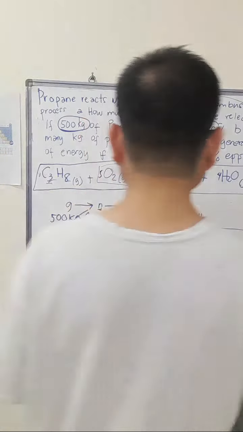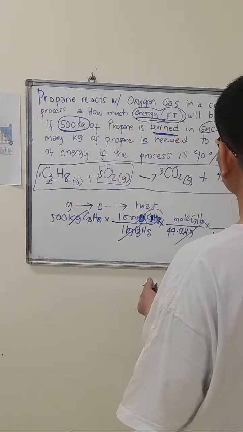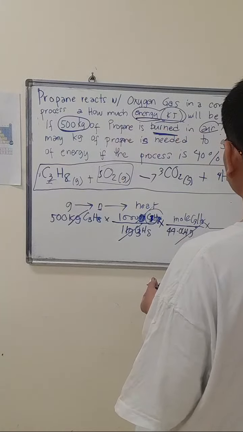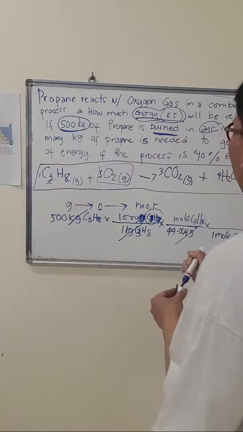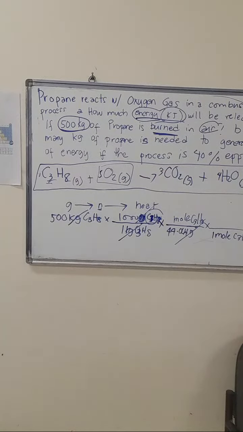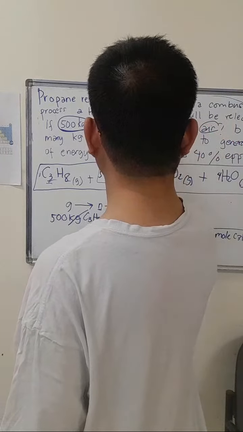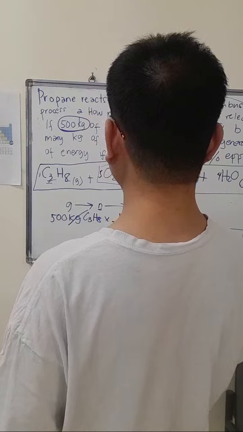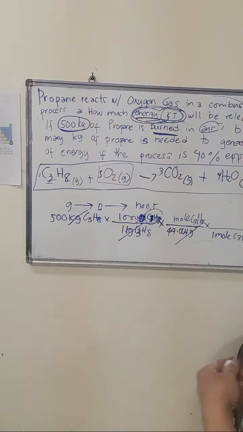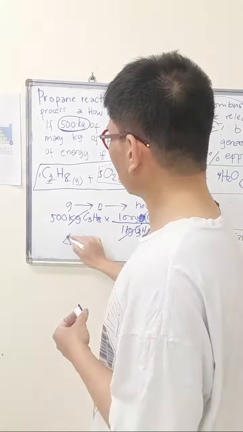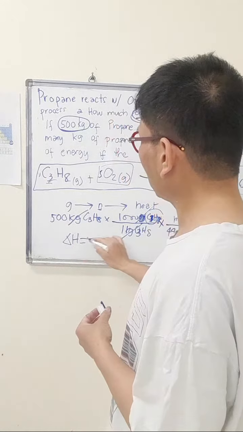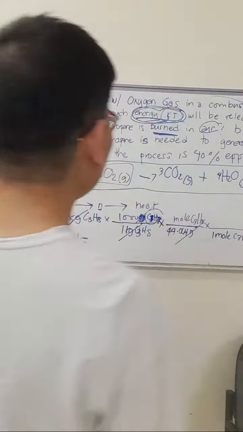That's very clear: 1 mole of C3H8. Then, what is our relationship for that? We don't go for the other element relationships because we are asking for the energy. See, energy. You get the point? Energy, and our delta H will be here. Our problem, guys, needs delta H.